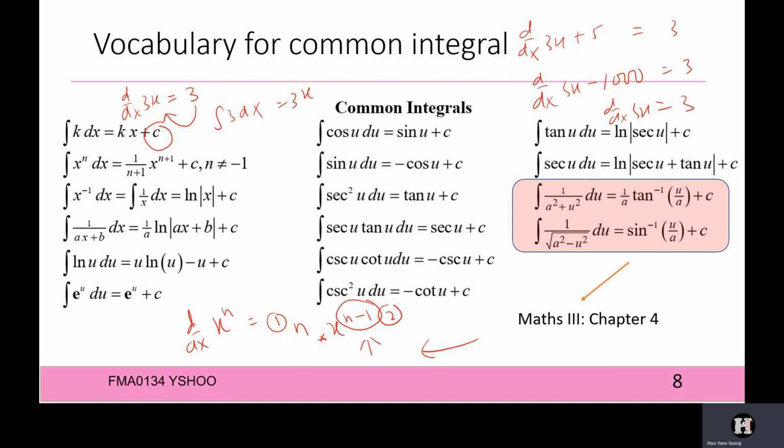One thing is this question: integrate x to the power of minus 1, or integrate 1 over x. This is the question students always get wrong. The reason is a lack of understanding of the vocabulary, because by default when you see 1 over x, your brain only pops up one thing.